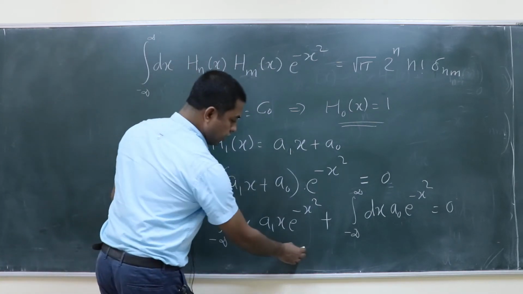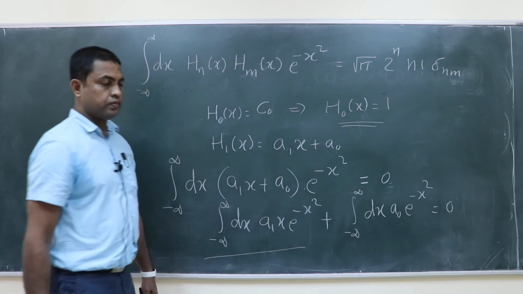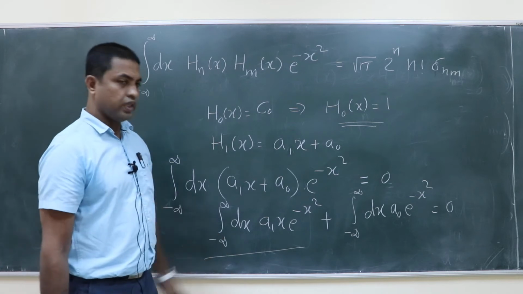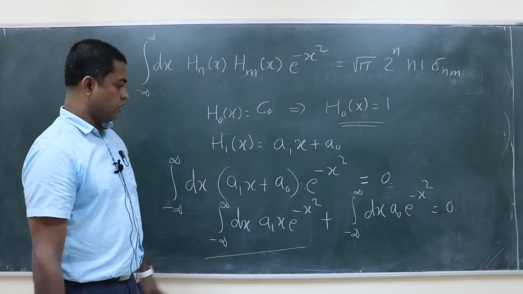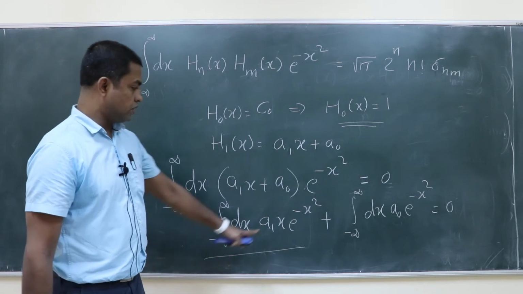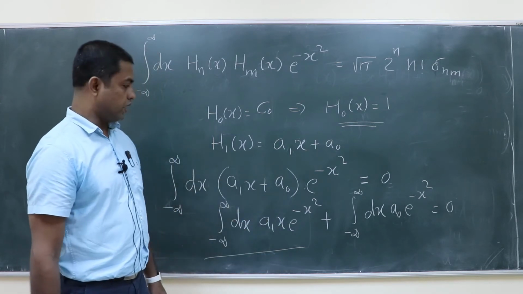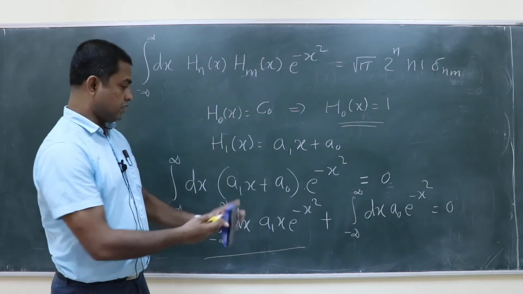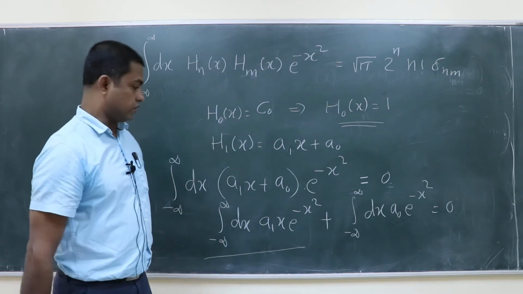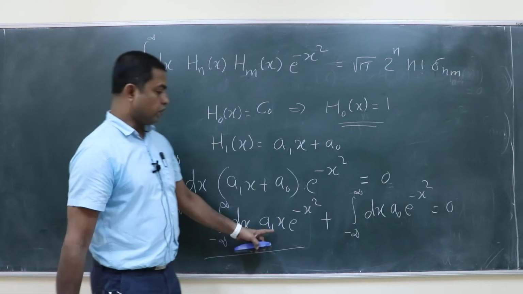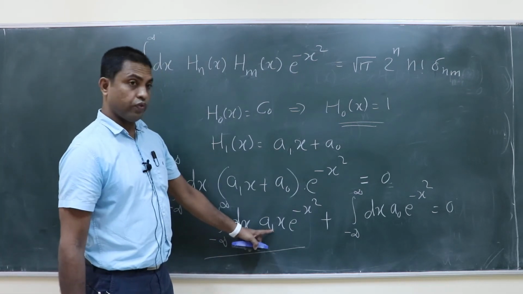What is this integral equal to? 0. This integral is 0 because x e to the power minus x square is an odd function. It is antisymmetric about the y axis, right? So this one goes to 0. It's an odd function, not an even function.